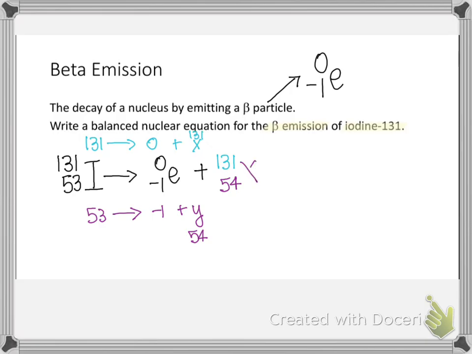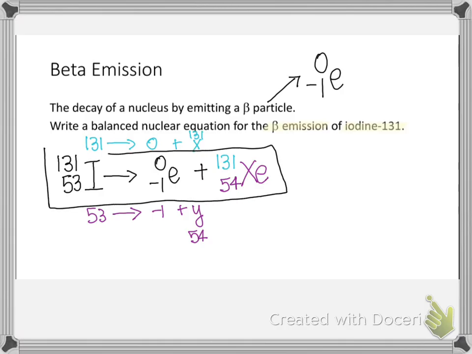So it's xenon. And so the answer for the balanced nuclear equation for a beta emission of iodine-131 is right there. So iodine emits a beta particle, and now you have xenon formed.